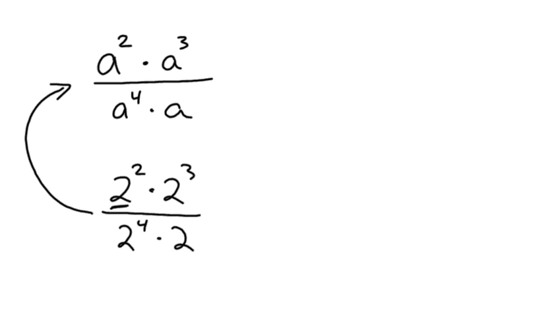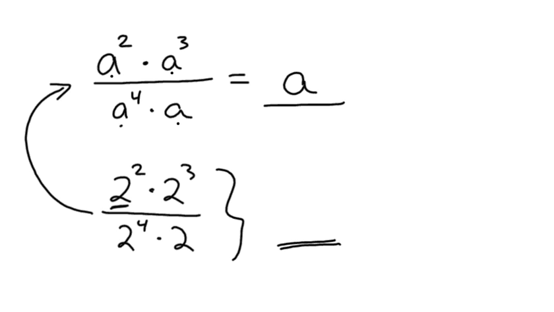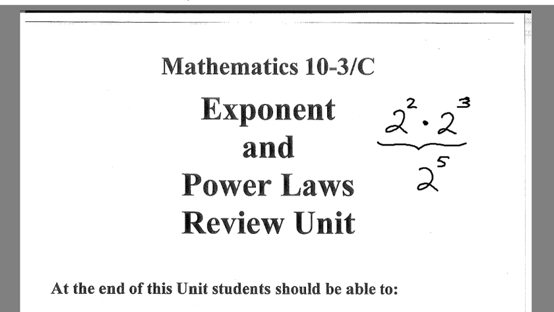So obviously, we could get a final answer number for this, but in this top question, we can't get a number answer because there's no numbers to work with in the bases. So we're going to be able to simplify it and come up with a new power, an exponent something. That's what you're looking at doing with the exponent laws. So let's get into it.